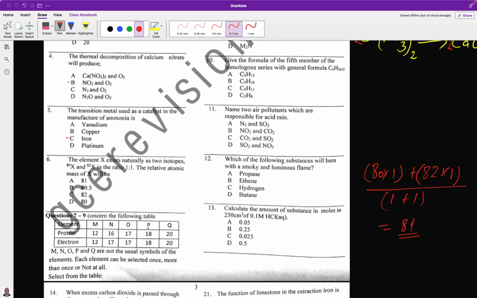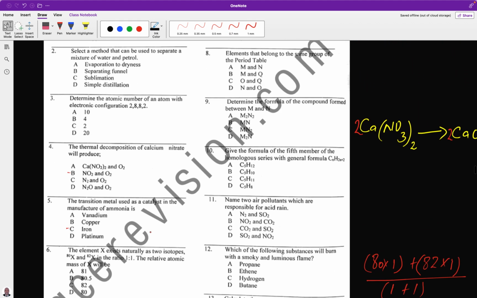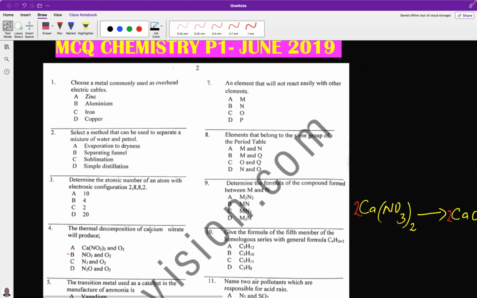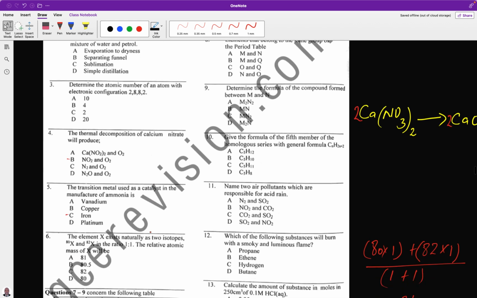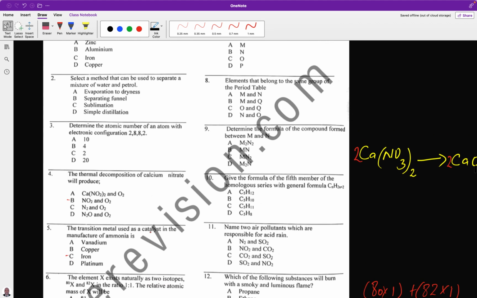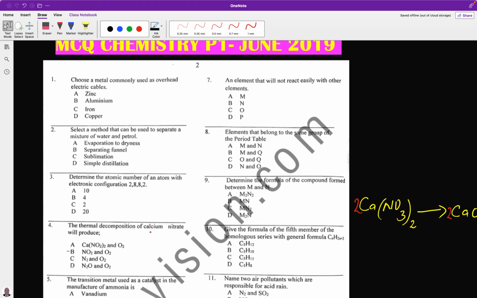So in that case, the element that will not react easily with others is P. It's an inert gas, or a noble gas. On our answer column here, question number 7, D is the right answer.